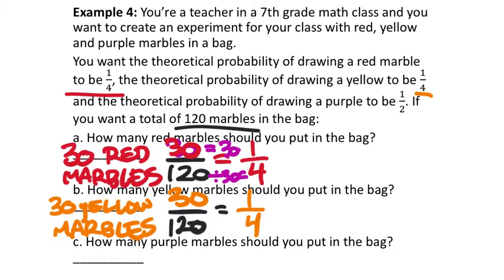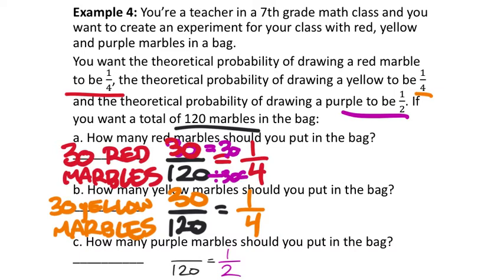What about purples? Well, purple says it's half the bag, right? Now, I'm going to use a proportion, although some of you probably do not, and that would be okay if you do not. So, let's say, there are 120 marbles in the bag. It should be equivalent to the value that it says we want in the bag. 1 out of every 2 marbles should be purple.